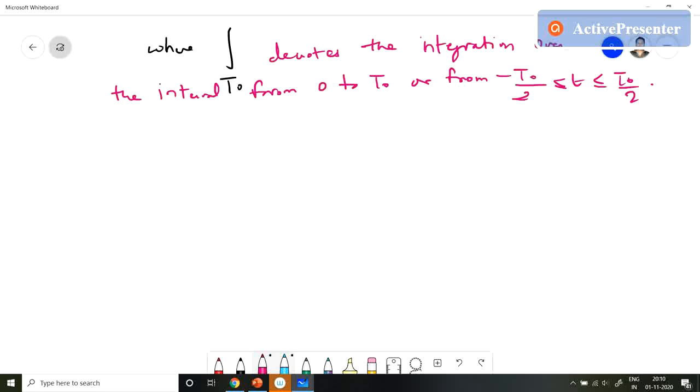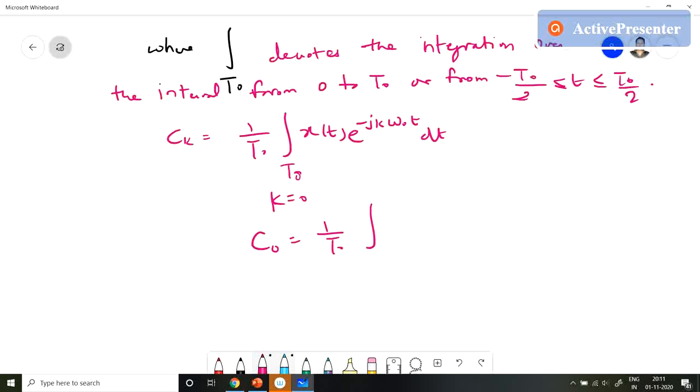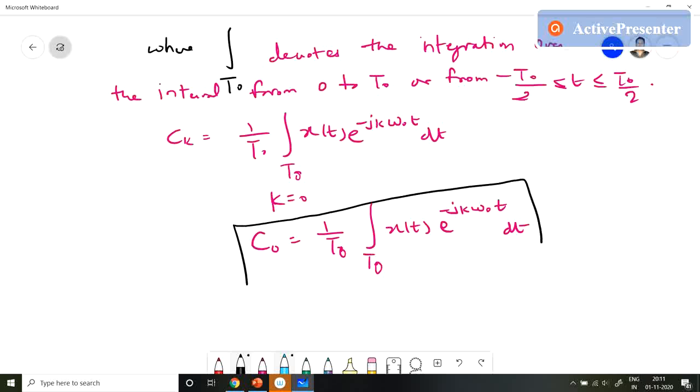Now setting k equal to 0, what we will get? c naught is equal to 1 divided by T naught, integration over that interval of x(t) dt. So this is c naught.